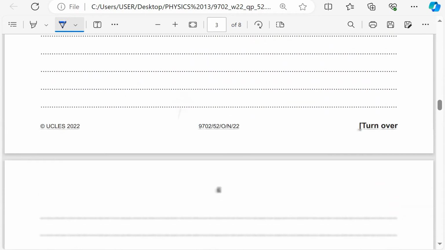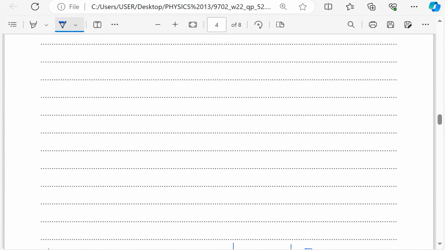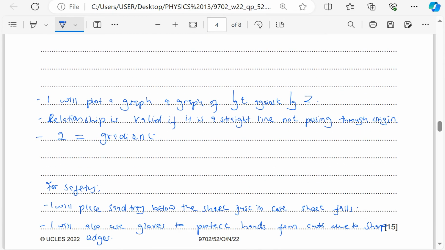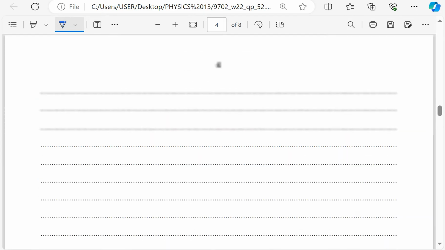So I'll just add it here: K equals AB rho times 10 to the power of the y-intercept. So already here, this is 1, 2, 3, 4, 5 marks.